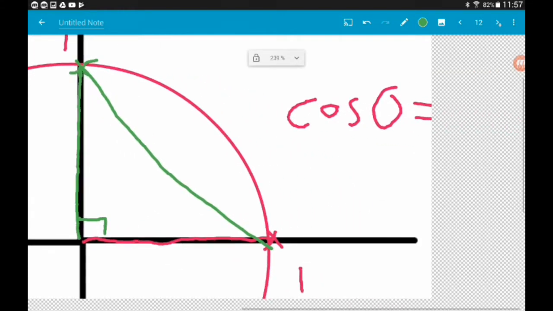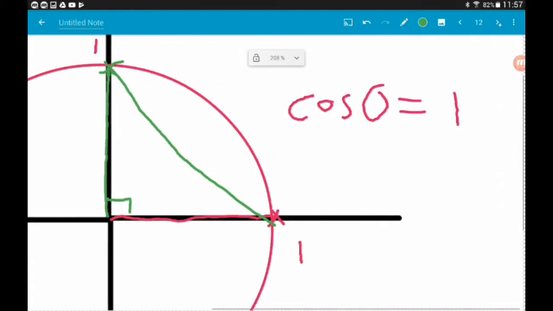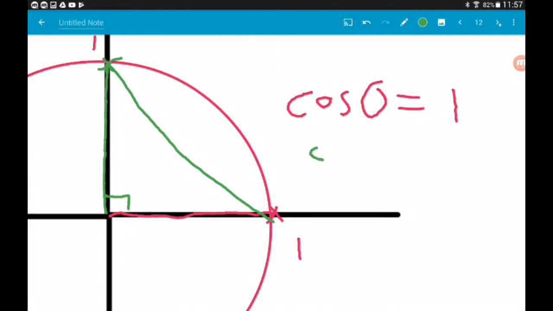So we can now see that cos of 90, remember we're looking for the x coordinate, is actually 0, because there is no distance from the origin along to our point.